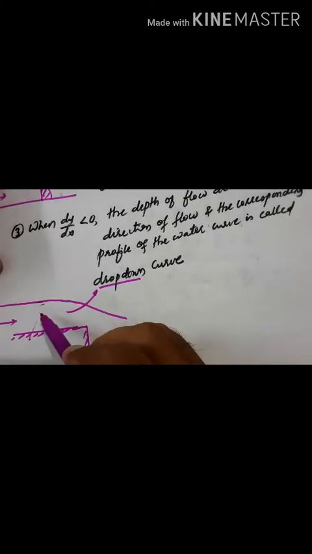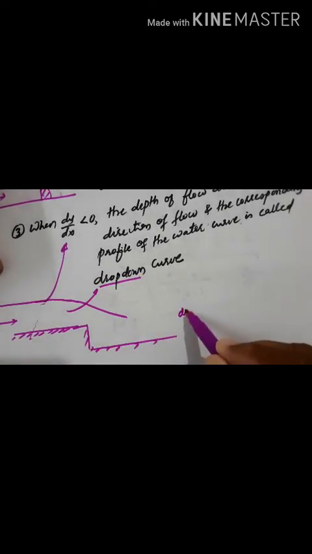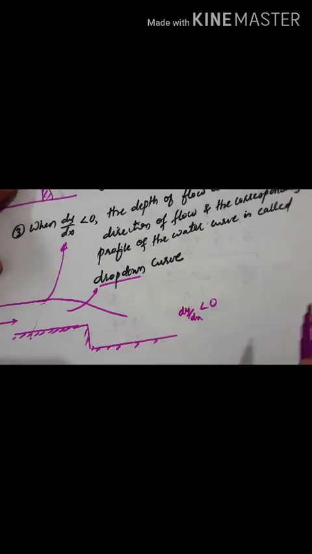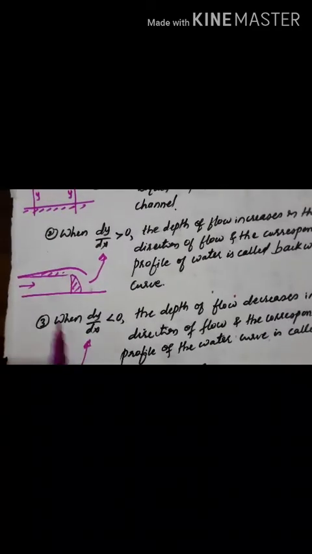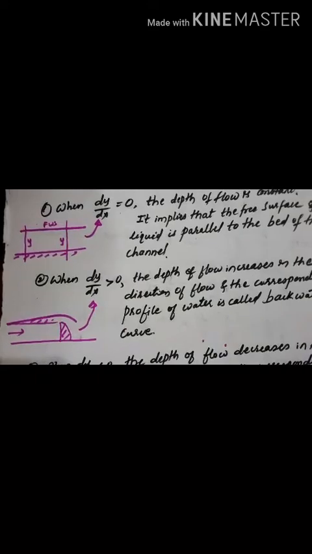Here dy by dx is less than 0, meaning the depth of flow along the direction of flow is decreasing. This is the drop down curve, this is the backwater curve, and this is constant depth of flow.